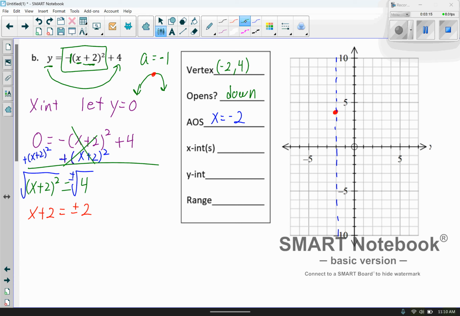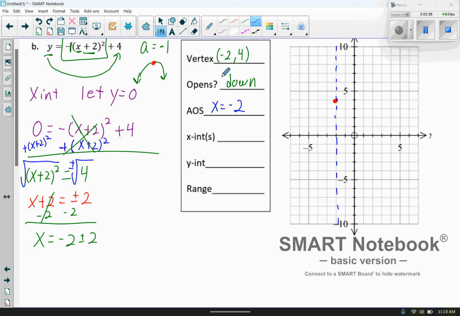And then now I need to go ahead and isolate the x, so I'm going to subtract 2 from both sides, and on the right side, I'm just going to kind of sneak it in right after the equal sign. So I'm going to have x equals negative 2 plus or minus 2. And then now I need to go ahead and look at it both ways. I need to look at it as a plus and a minus.